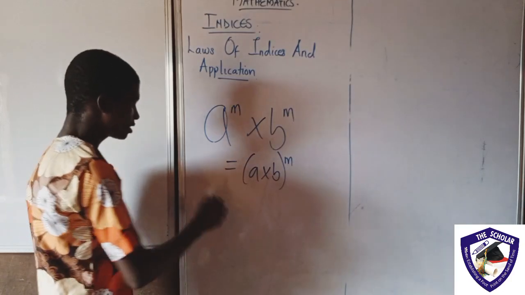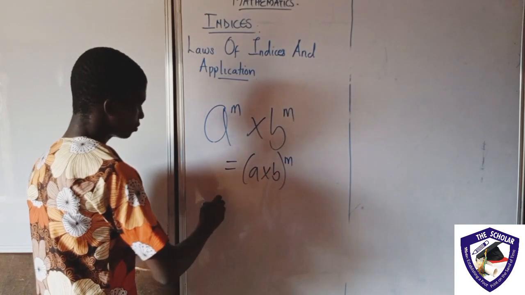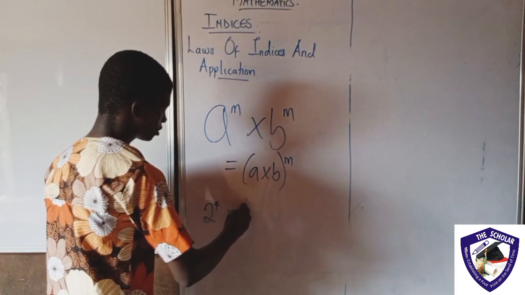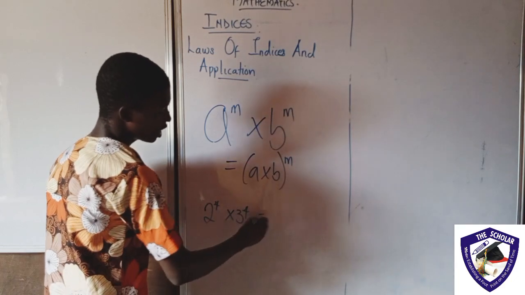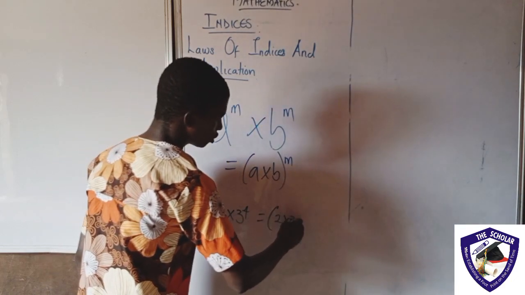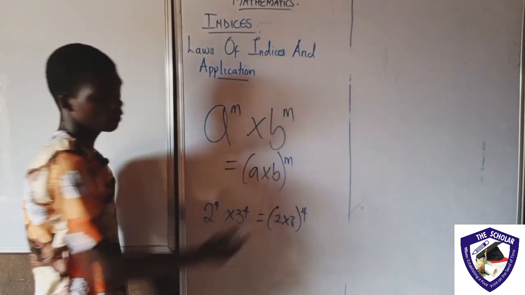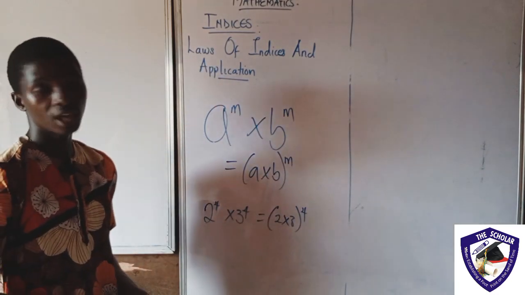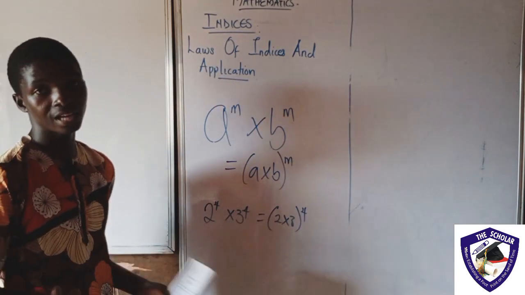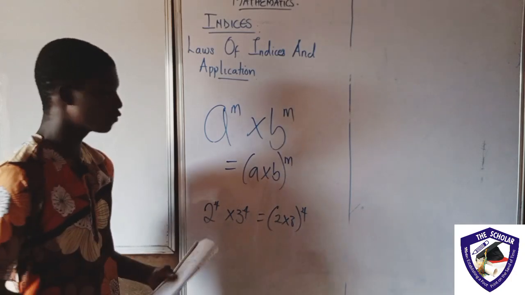That means when we have numbers like 2 raised to the power 4 times 3 raised to the power 4, we are going to have 2 times 3 raised to the power of 4. That is what the law is telling us. And that is for this law.